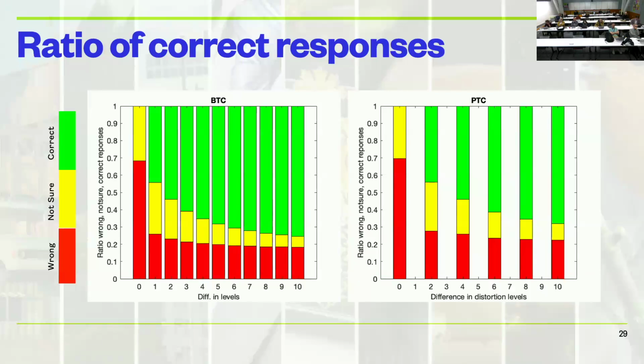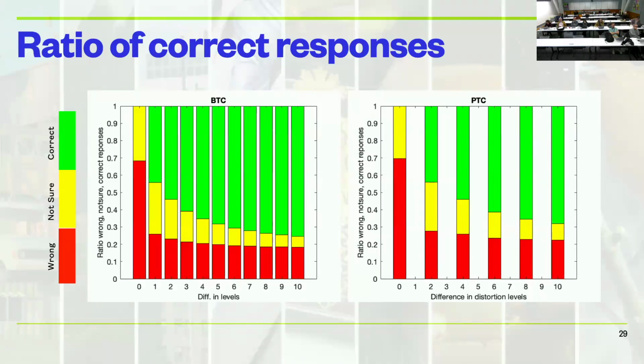So 4 means we're comparing, say, stimulus with level 2 with stimulus level 6, higher distortion, 4 levels difference. That should be easier than just 2 levels difference. And of course, you can see now that these curves are nicely monotonic. So that means with decreasing difficulty, increasing difference in distortion levels, the number of correct responses is growing, as expected.